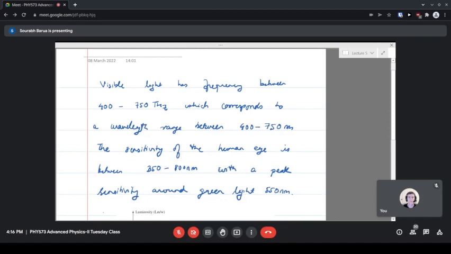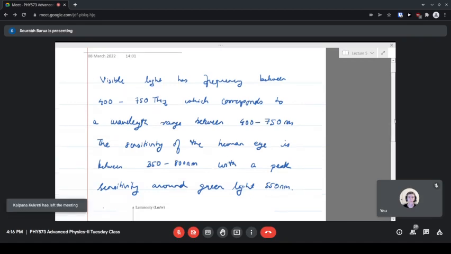Now the human eye is sensitive to visible light. Actually, it is sensitive to wavelengths between 350 to 800 nanometers. So that is the range in which your eye can detect photons. And it has a peak sensitivity. It is most sensitive around 550 nanometers, which is the wavelength of green light.